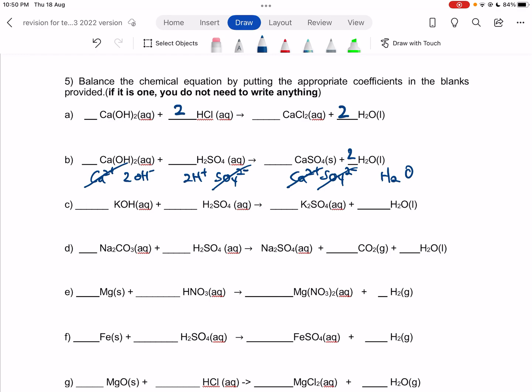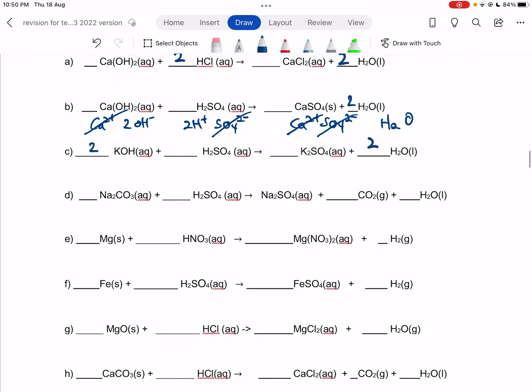Right, okay, then for C, I'm just going to put down the answer. Then when it comes to carbonate, the next example D, how do you balance this? Let's look at this. I can write it over here. 2 Na+ CO3 2-.